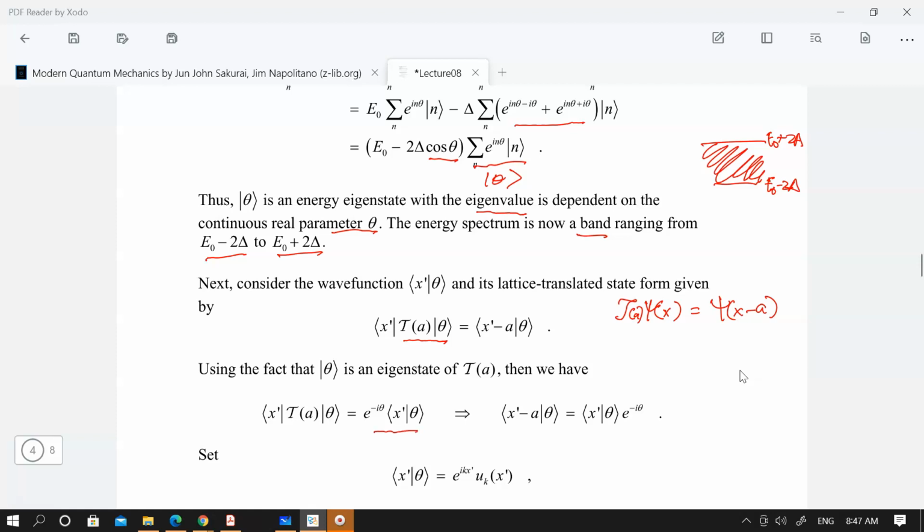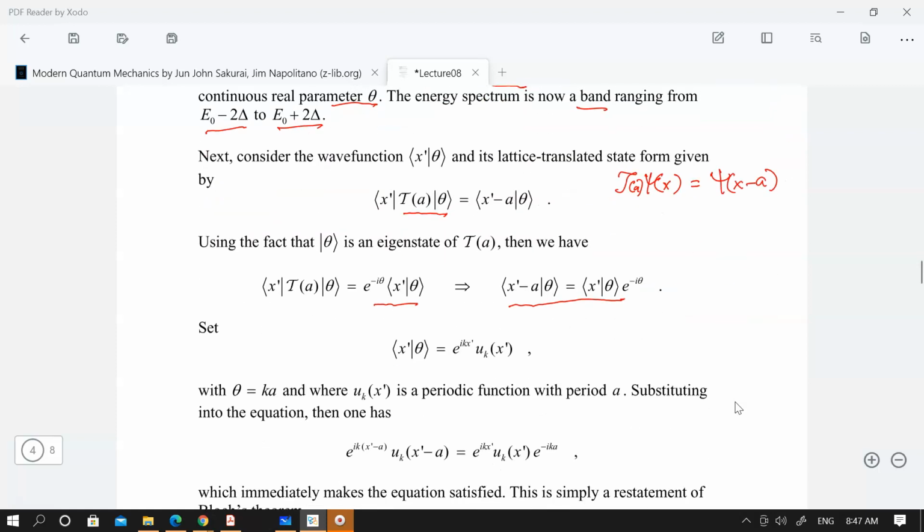So in other words, combining these two equations, we have the following. And then what we're going to do is parametrize the equation a little differently by writing theta equals Ka.